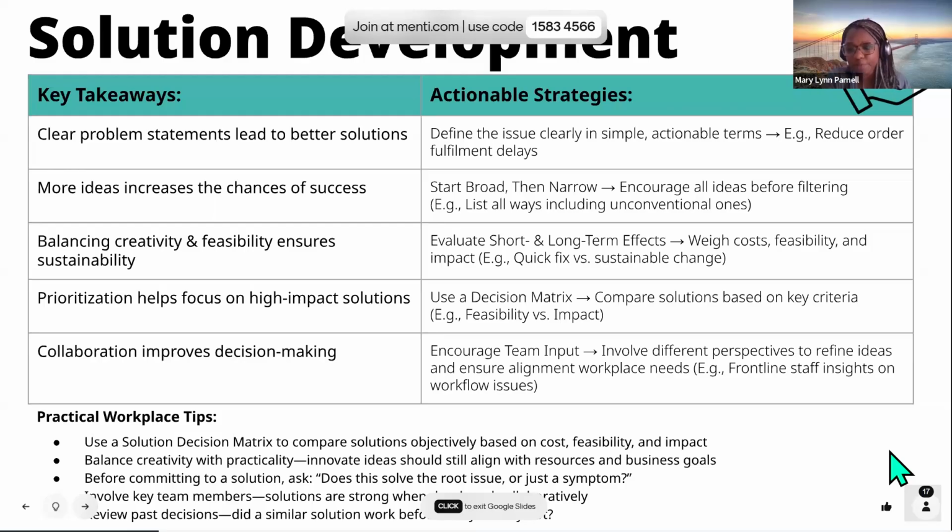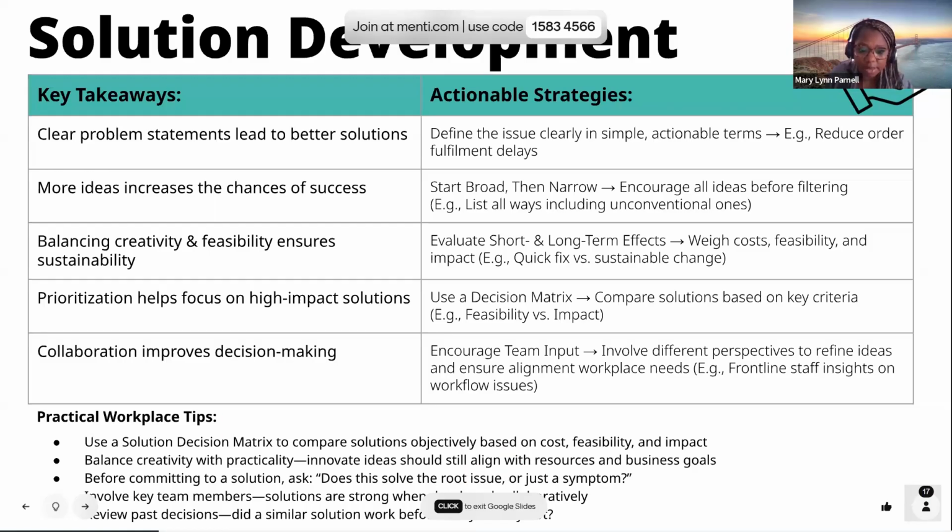So for example, frontline staff insights on workflow issues, really getting the input where we need it. When we use a solution decision matrix, we're comparing solutions objectively based on cost, feasibility, and impact. And notice the word objectively. We're going to talk a little bit about bias. So it's really using the facts when we're making decisions.